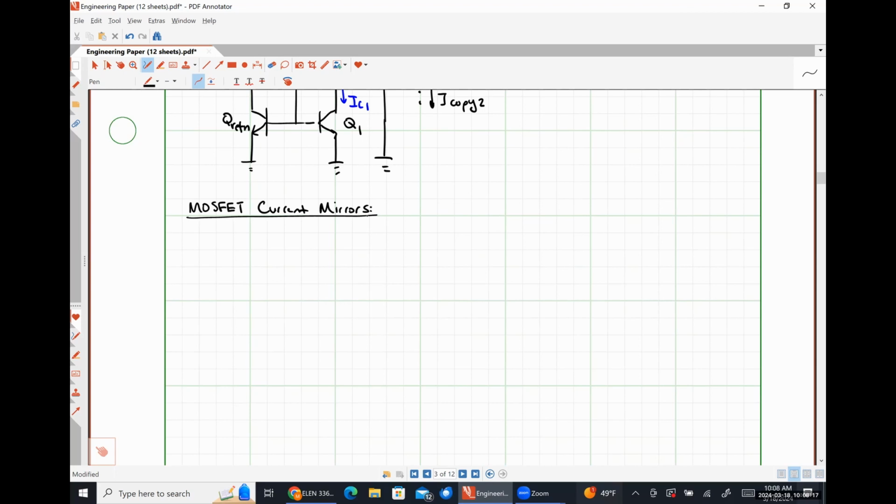All right, so for the MOSFET current mirror, we're not going to do any kind of explanation as to why it's connected the way it's connected. We're literally just going to replace our BJTs with MOSFETs. Okay? We understand effectively what's going on because we have a relatively good grasp of how the BJT current mirror works. So our circuit would look something like this.